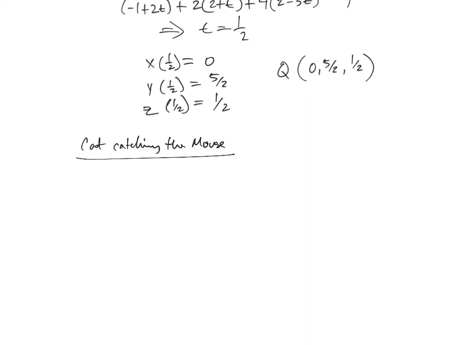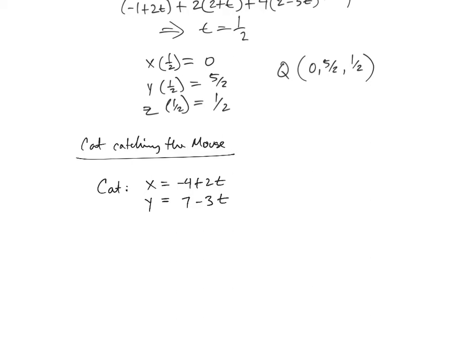Okay? So let's say we've got a cat, and the cat travels along a straight line, defined in 2 dimensions like this: x = -4 + 2t, y = 7 - 3t.